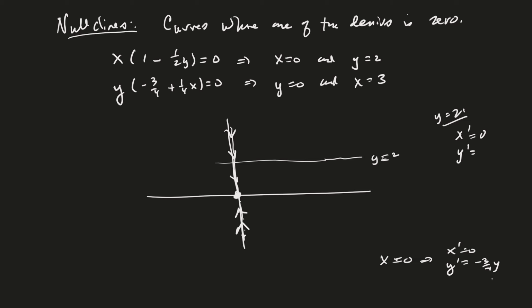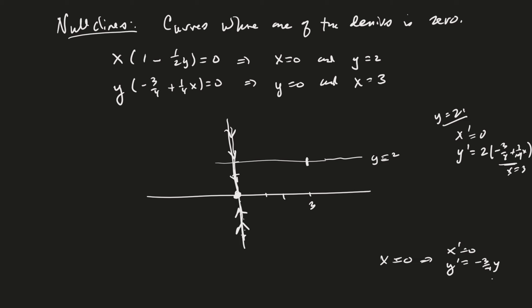Well, if y is equal to 2, then we're just at 2 times (minus 3/4 plus 1/4 x), right? So this changes sign at x equals 3. So I'll just make a note of that. 1, 2, 3. Oh, that's not to scale. 1, 2. Okay.